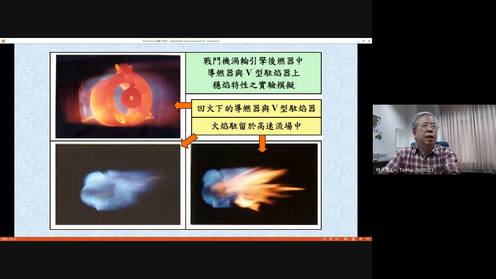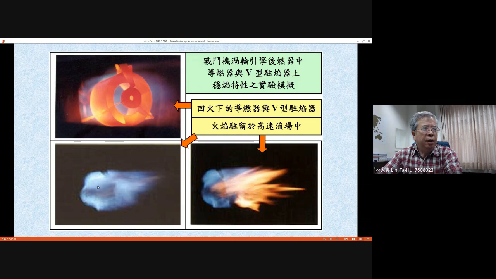Then you can see the structure of the afterburner. The colors, reddish and yellow, show that this afterburner made of steel is already heated to a certain high temperature. In reality, the burning structure should be observed in the lower pictures.